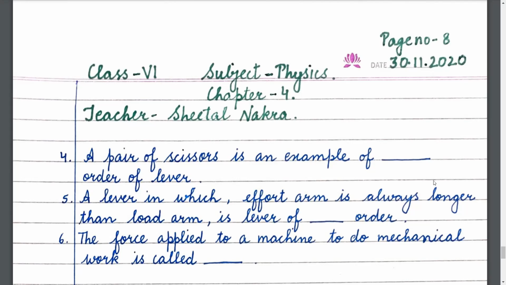Number 5, a lever in which effort arm is always longer than load arm is lever of dash order. Number 6, the force applied to a machine to do mechanical work is called dash.